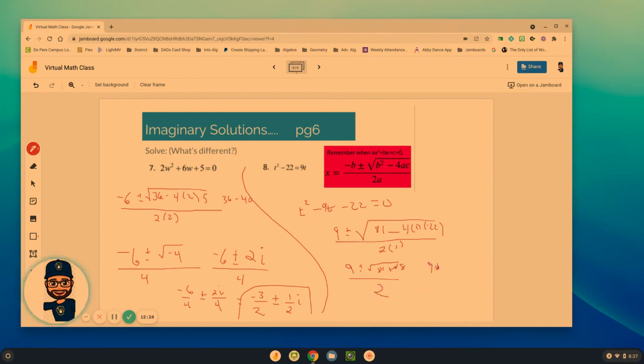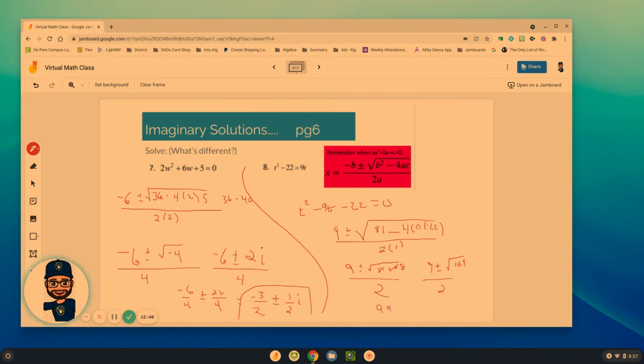Or 9 plus or minus the square root of 169 all over 2. Now notice, it's a positive square root, so I don't need to do anything with an i value here. We know the square root of 169 is 13.